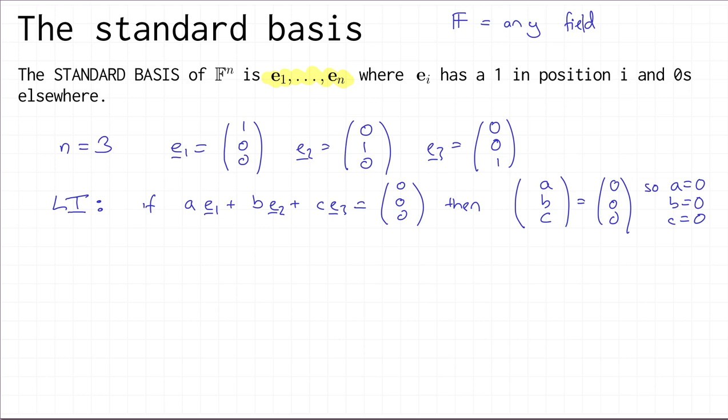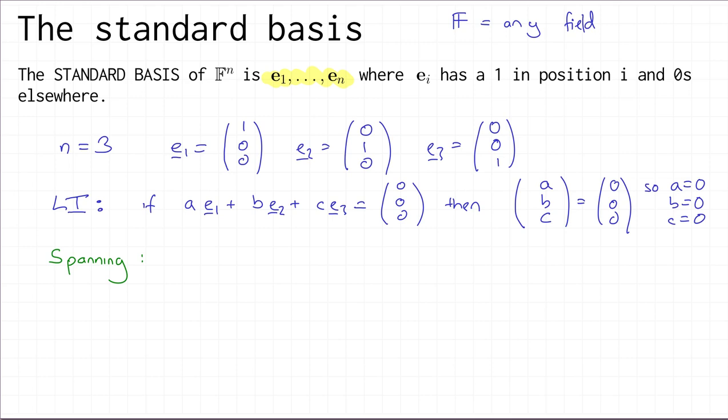So we then have to do spanning. We have to show that e1, e2, e3 is a spanning sequence. So you have to take any element of F cubed and show that it's equal to a linear combination of e1, e2, and e3.